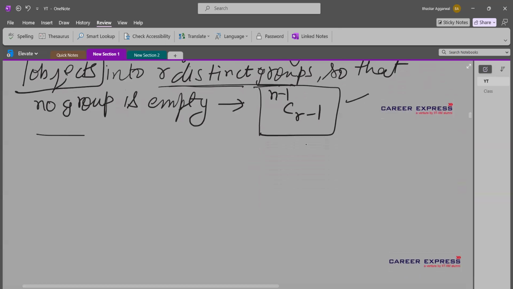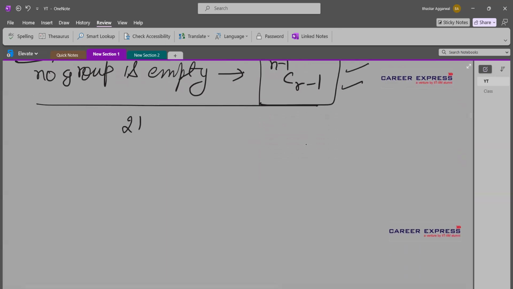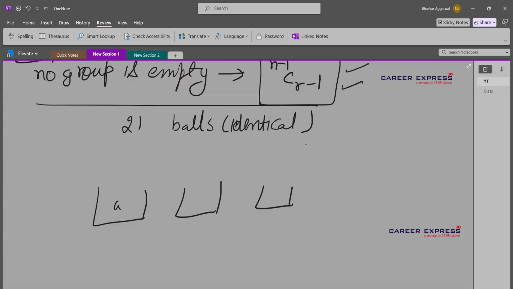To give an example, suppose I have to distribute 21 identical balls into 3 boxes, and the boxes are labeled A, B, and C. The condition is that no box should be empty.